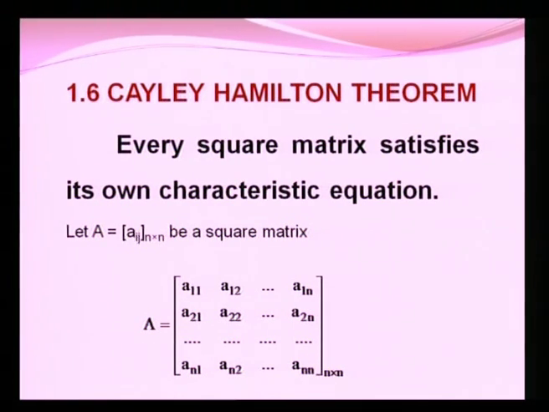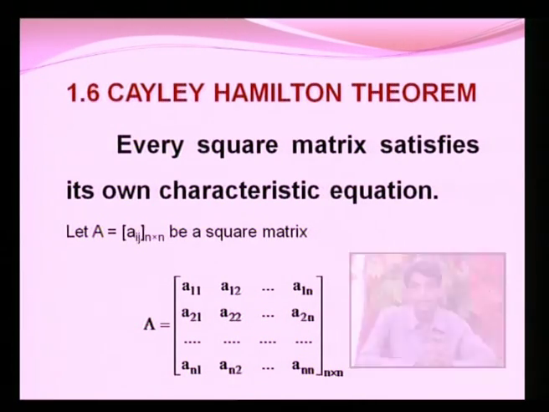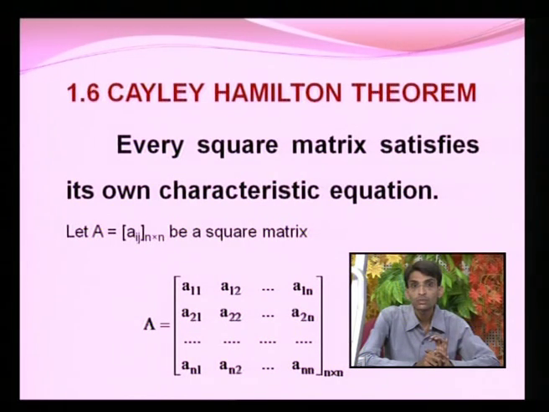I am repeating the statement that every square matrix satisfies its own characteristic equation. We know that the characteristic equation is the determinant of A minus lambda I equal to 0, and by solving this we will get the equation in lambda, and the statement says that every square matrix satisfies its own characteristic equation.